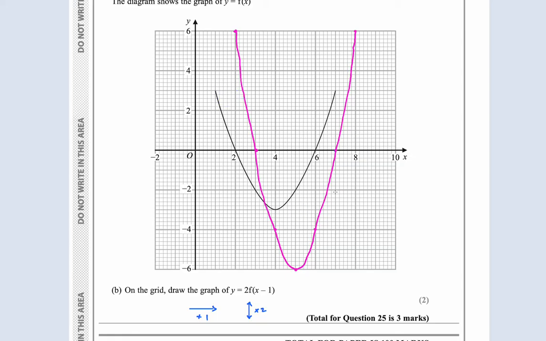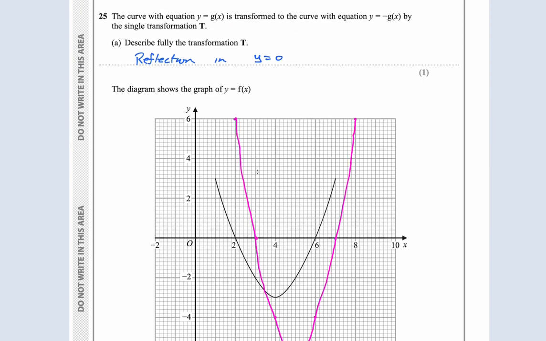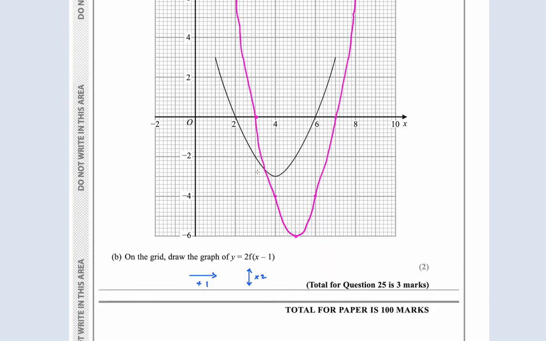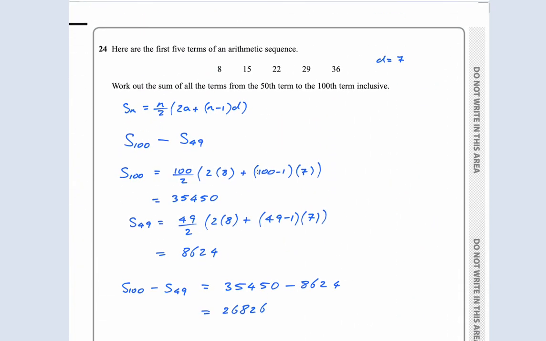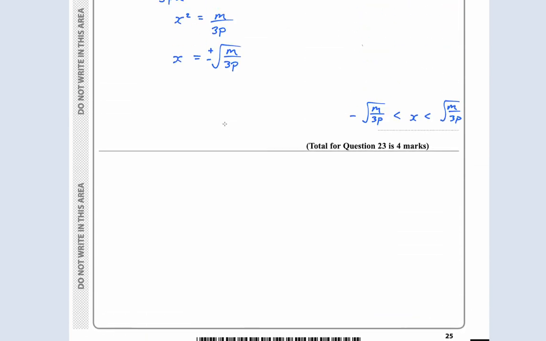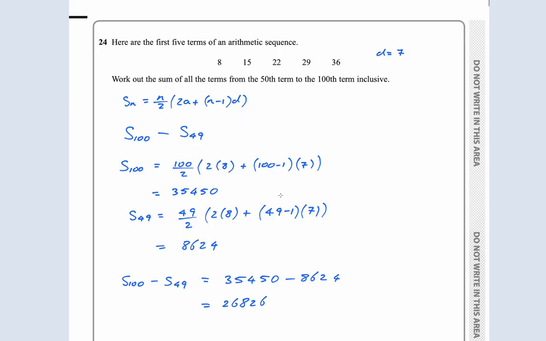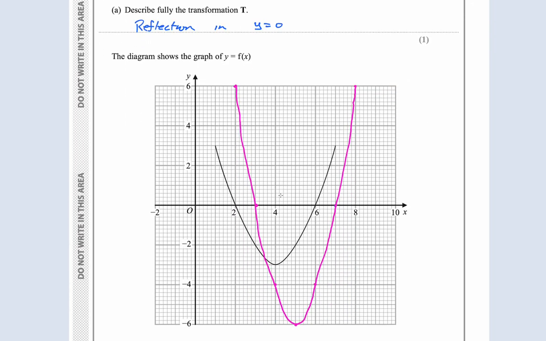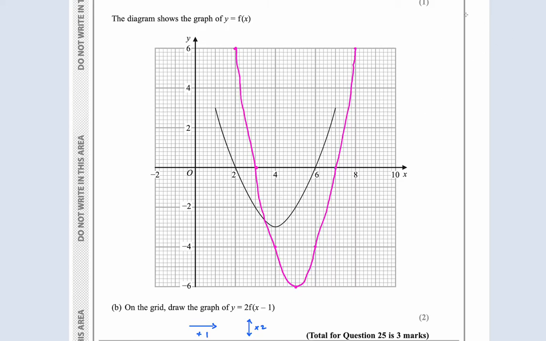And that is the graph transformed. So actually, guys, if you know your transformations, I think question 25, the last question on the paper, isn't actually that hard, and 24 arguably isn't that hard. This one, fair enough, maybe it is. Okay, that's the paper, guys. Hopefully it wasn't too bad, and I'll see you for the next one.